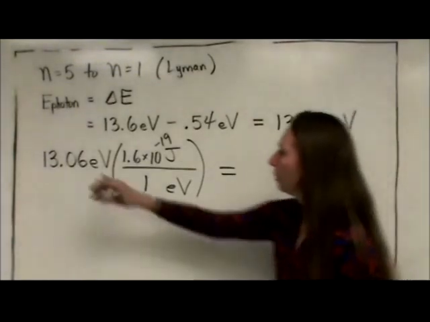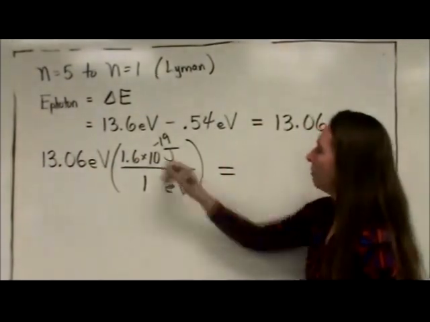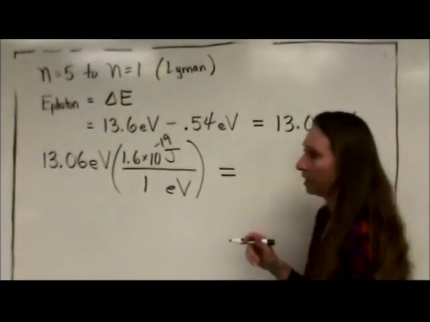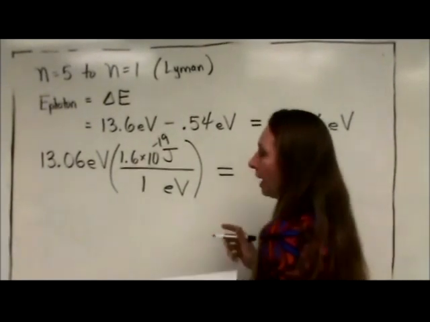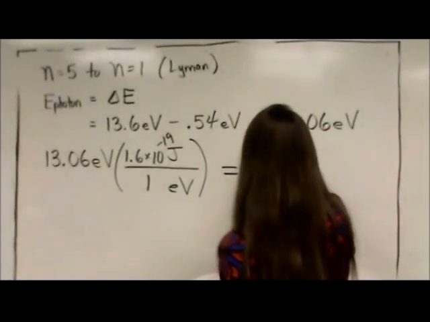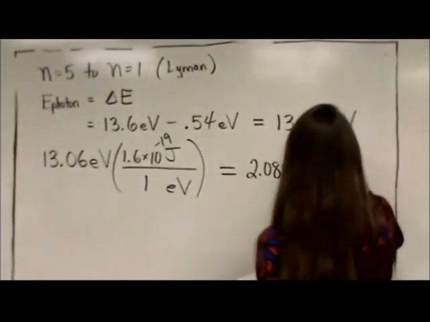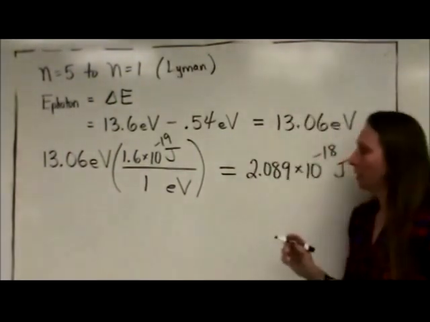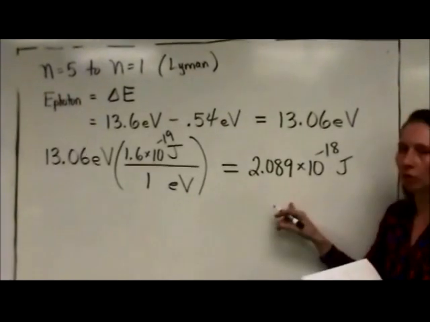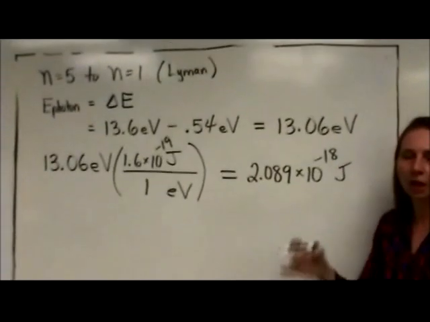So I take my 13.06, multiply it by 1.6 times 10 to the negative 19 joules, and I get 2.089 times 10 to the negative 18 joules. This is how many joules the emitted photon has.